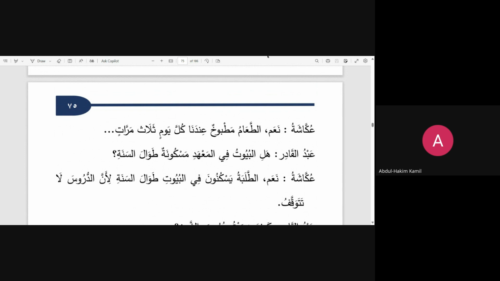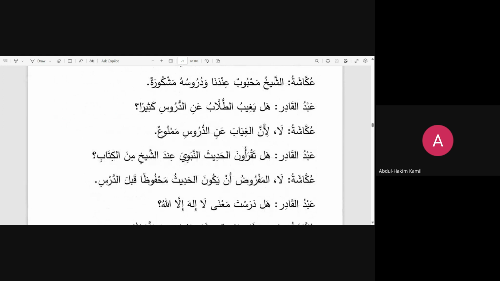Anyway, we're going to review this. I didn't see one. Taqra'un. I don't understand. I didn't see the one sentence on page 75 which starts with Taqra'un. So there's none in that sentence. That's just a question.